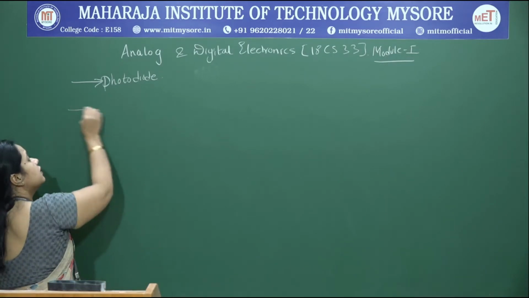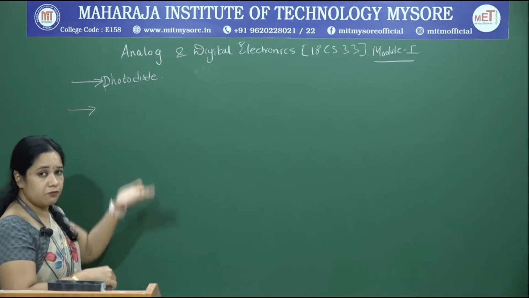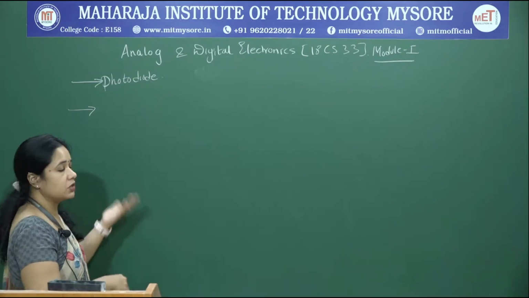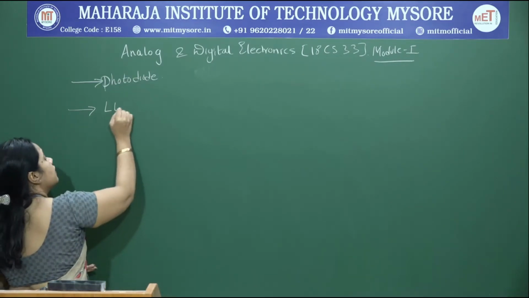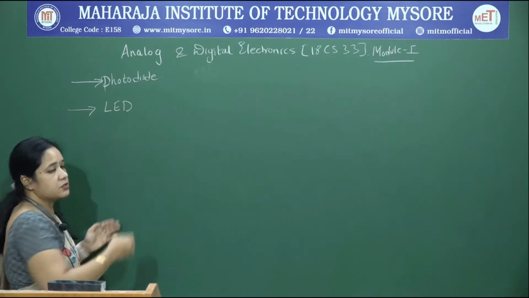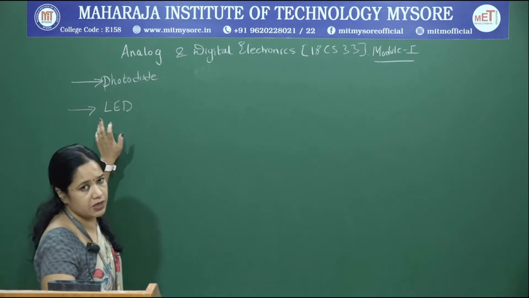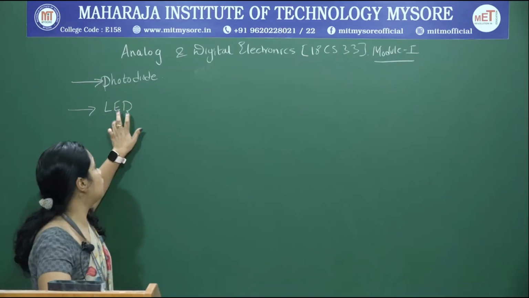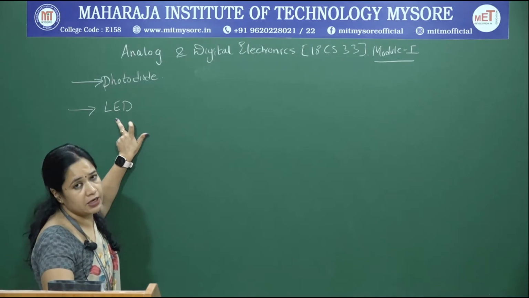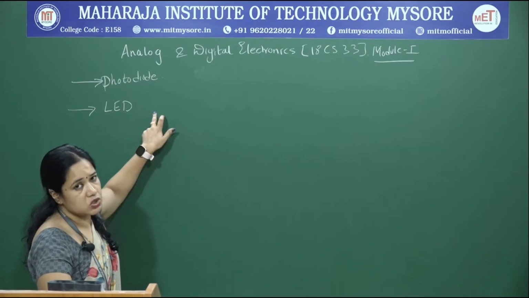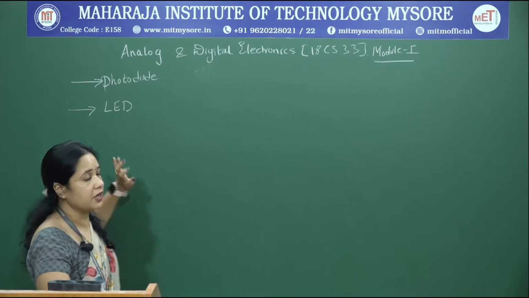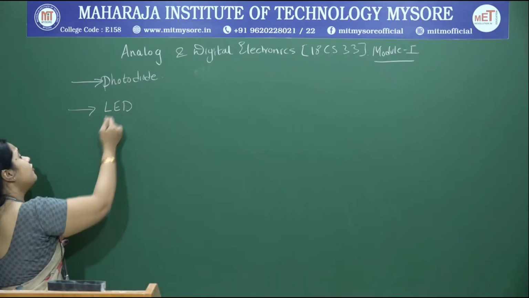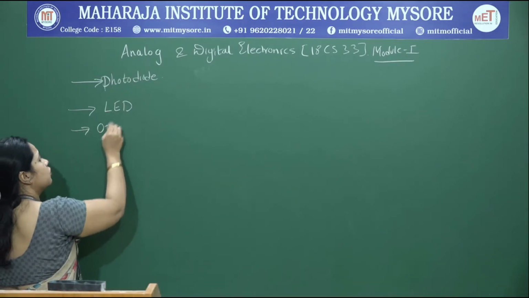Once we are done with the photodiode, we will take up one more optical device, a transmitting device. Among the various optical transmitting devices, the LED plays a very important role, and we will see what a light emitting diode is, its constructional details, working principle and applications. After this we have optocouplers.